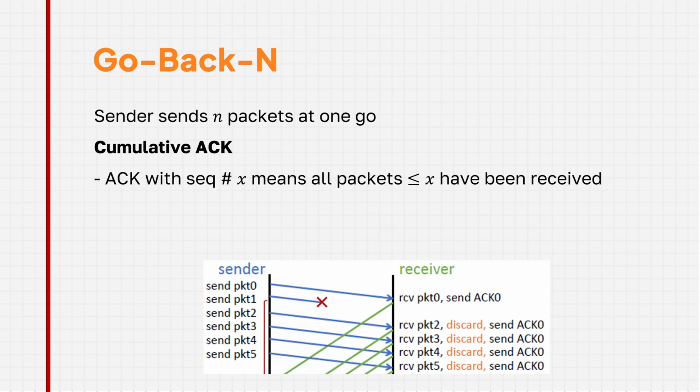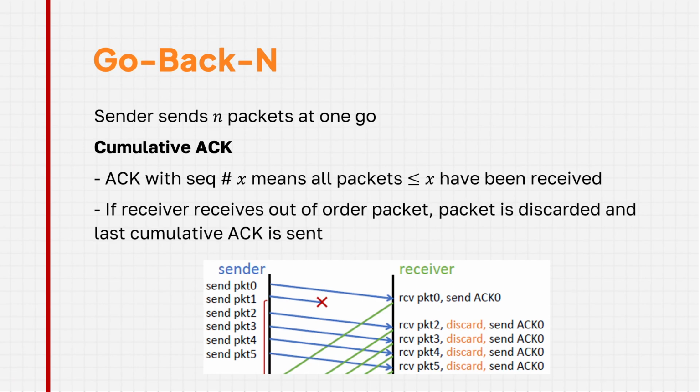This means that if you receive up to packet N, then you ACK N. You don't have to ACK the individual items, right? If some duplicate item comes in, you just ACK the latest one, right?